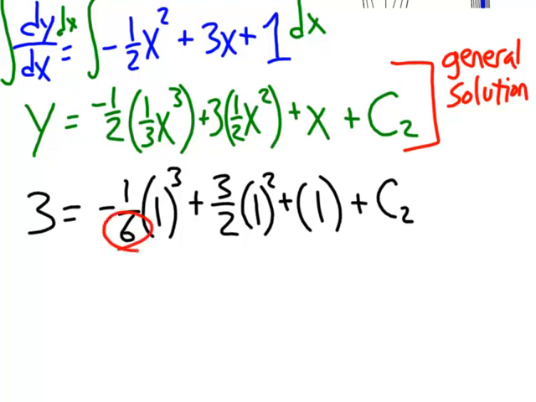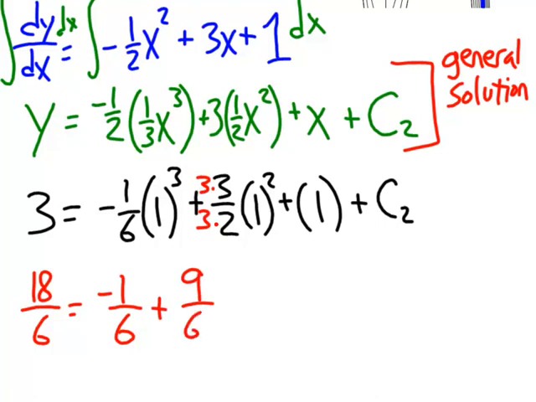So I see a 6 and a 2 as my denominators. So let's make 6 the common denominator. That means I'll have 18 over 6 on the left equals negative 1/6 times 1 cubed is still negative 1/6. And then I'll, again, multiply by 3 over 3 here, and that's going to give me plus 9 over 6 plus 1, which is going to be 6 over 6. That was this one right here. And then plus c2.